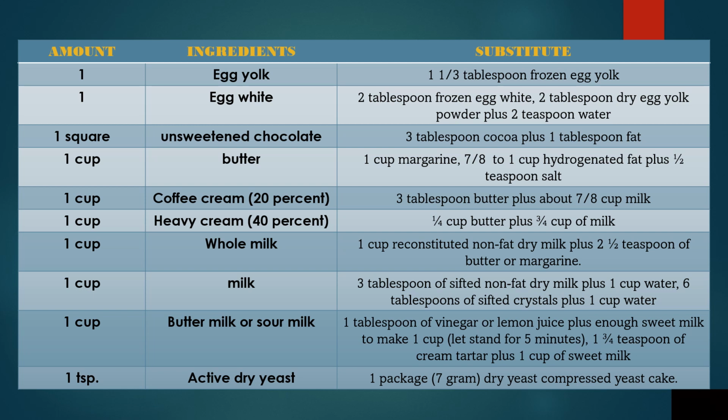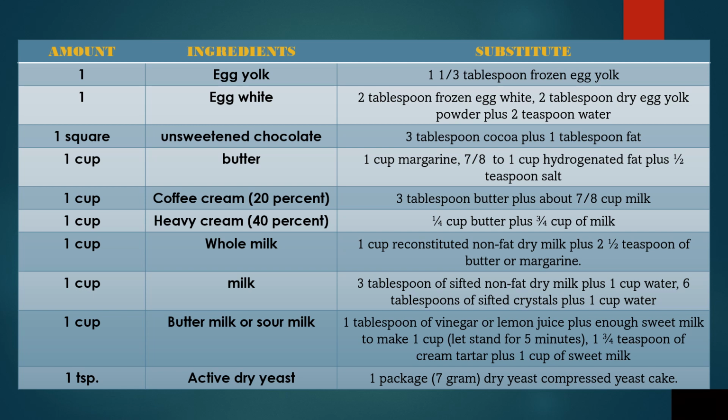And then, 1 cup milk, pwede natin siyang i-substitute sa 3 tablespoon of sifted non-fat dry milk plus 1 cup water or 6 tablespoon of sifted crystals plus 1 cup of water.